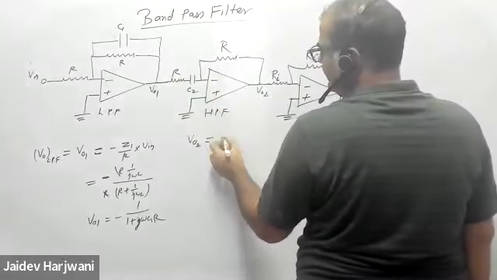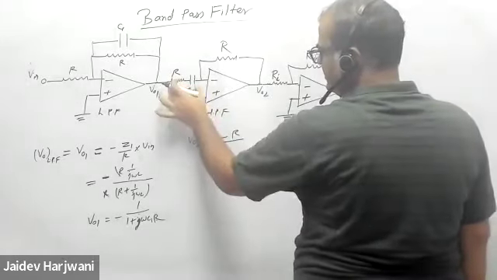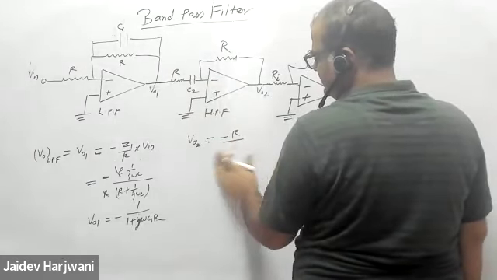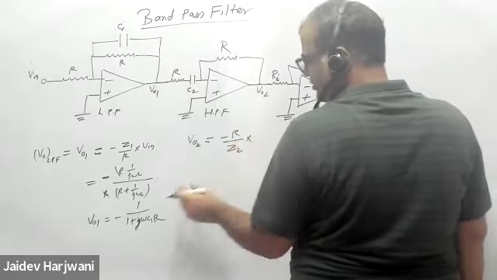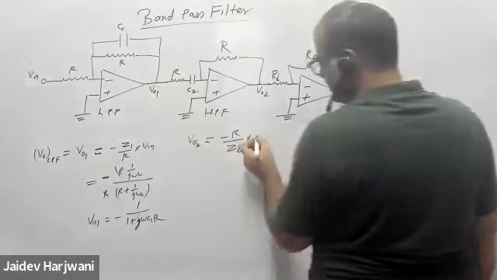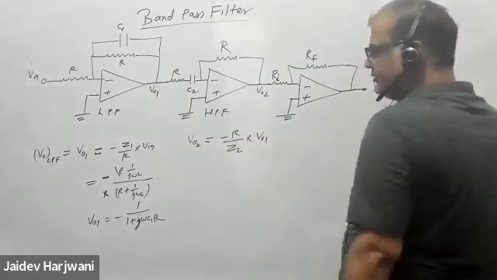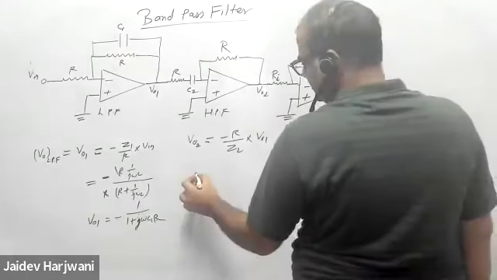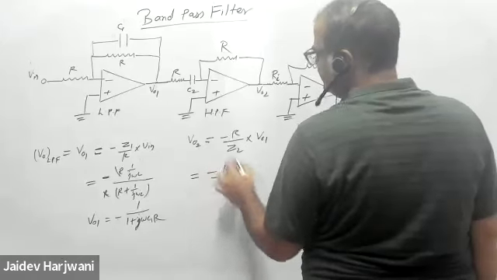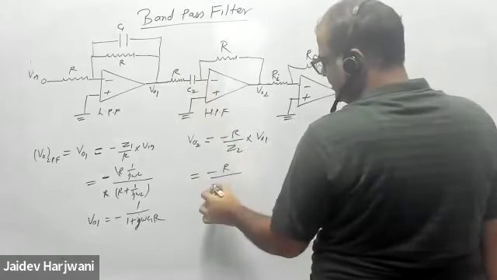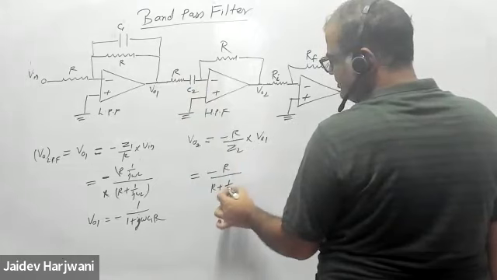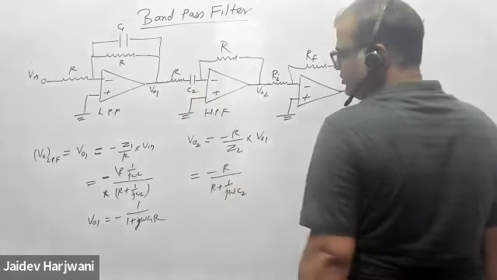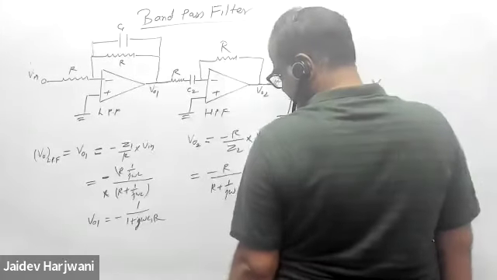This is again minus R upon this, say Z2, RF into Z2 into this V naught 1 as input. And now this is minus R, and Z2 is in series: R plus 1 upon j omega C2. Okay.